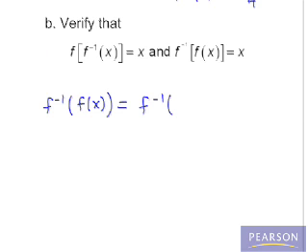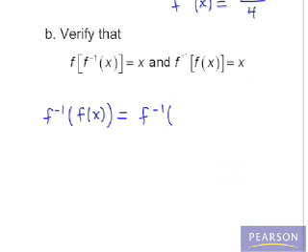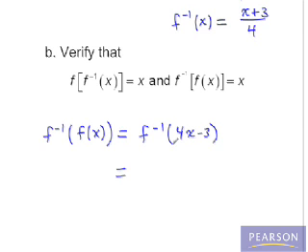F of x, again, was equal to the 4x minus 3 given to us at the beginning. So we're going to evaluate f inverse of 4x minus 3. And f inverse, remember, is the function we found in part A.